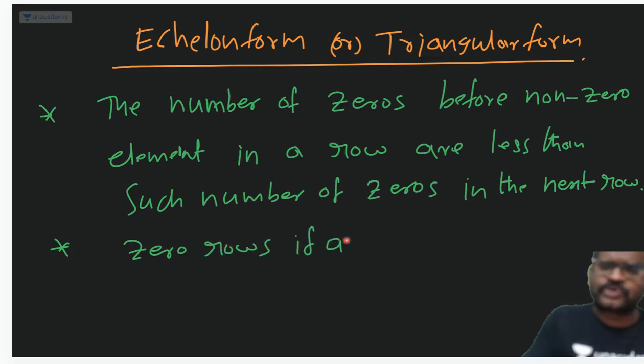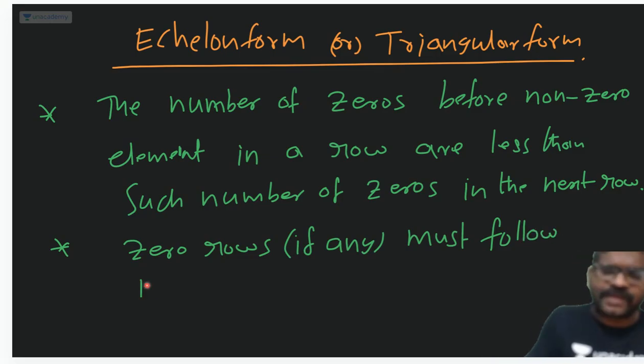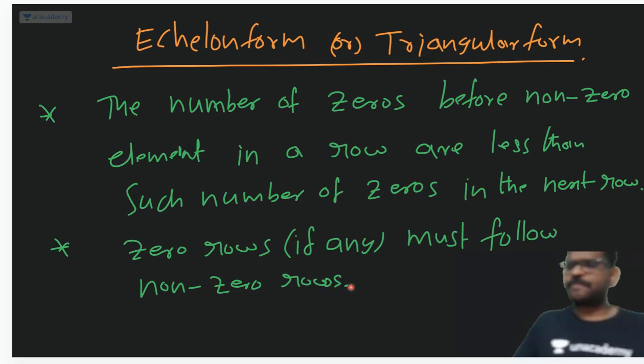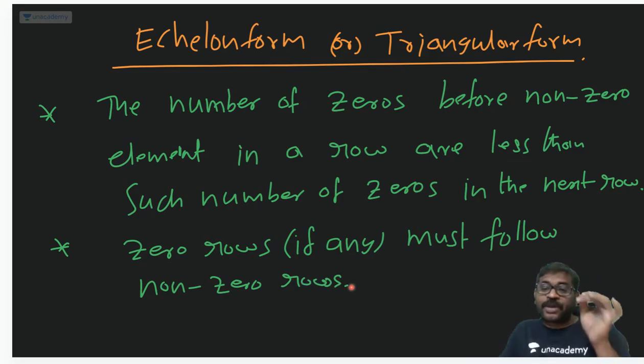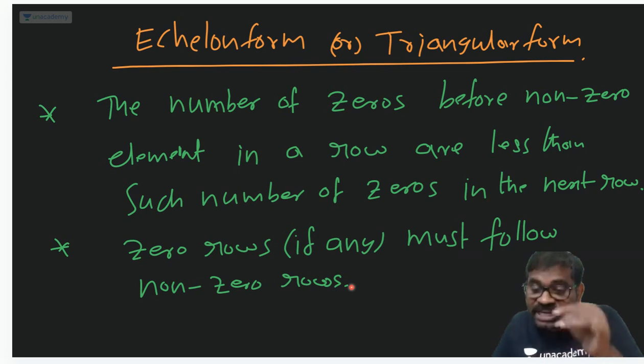Zero rows, if any, must follow non-zero rows. If you have any zero rows, they must follow non-zero rows.